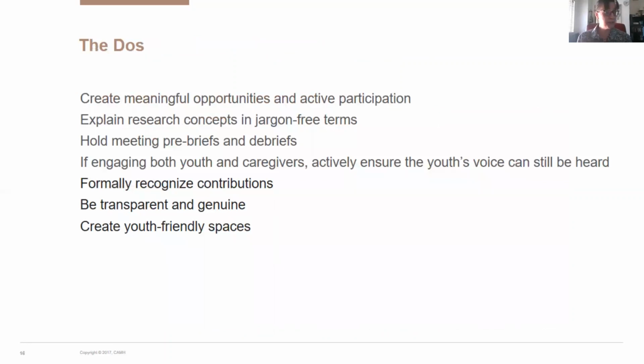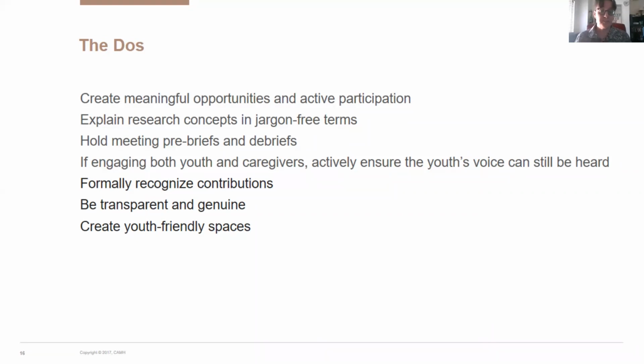From the paper that we were talking about, we have our do's and don'ts list. One thing on it that's really important is about creating meaningful opportunities and active participation. So not just consulting and then not really doing anything with that, but really making sure you have meaningful opportunities for youth to participate in the project in real ways and shape where the project goes.